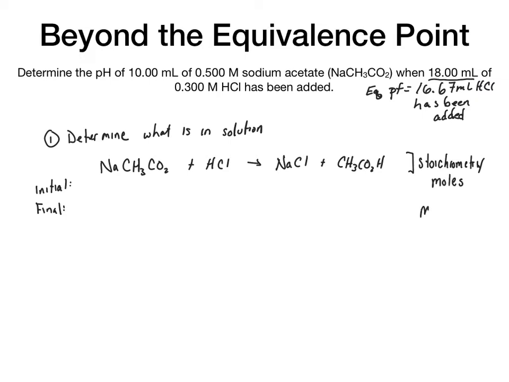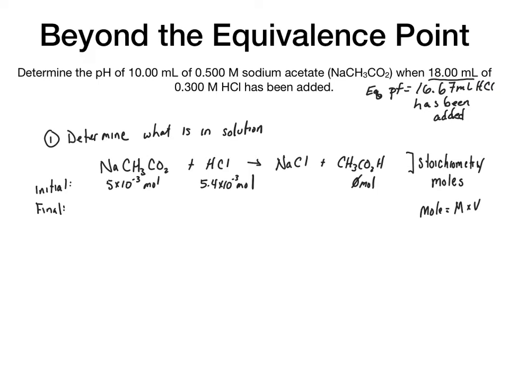And remember that moles is equal to the concentration times the volume. And so we have 5 times 10 to the minus 3 moles of sodium acetate, and we have 5.4 times 10 to the minus 3 moles of HCl, and we have 0 moles of acetic acid at the beginning of this reaction.